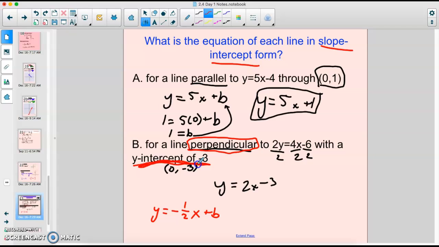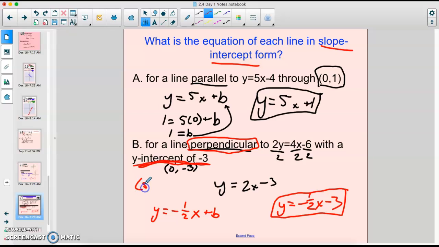That's handy. Otherwise, we would have to plug in this point, which would be fine. We just plug in 0 and negative 3, and it's going to get us negative 3. So our final answer, y equals negative 1/2 x minus 3.